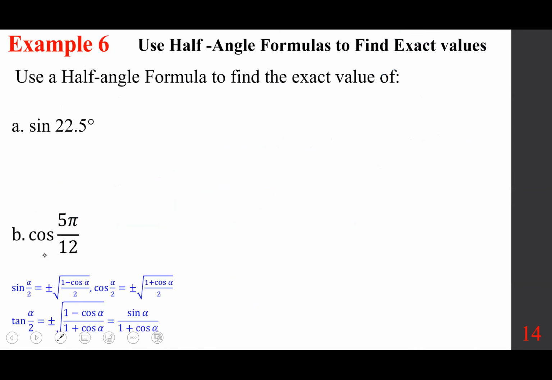Use a half angle formula to find the exact value for sine of 22.5 degrees, cosine of 5 pi over 12. So let's stick with sine of 22.5 degrees. And we notice 22.5 is half of 45. So it's sine of 45 over 2. And 45 is one of those common arcs.